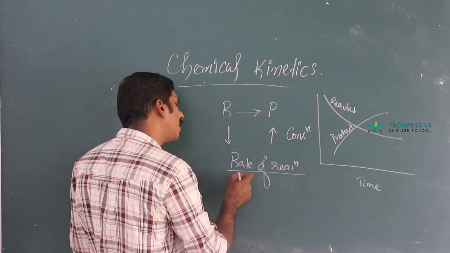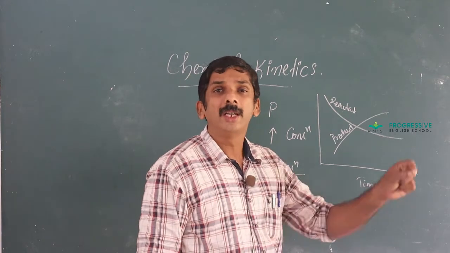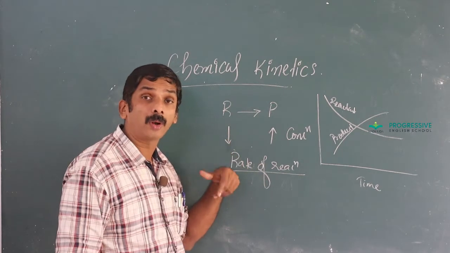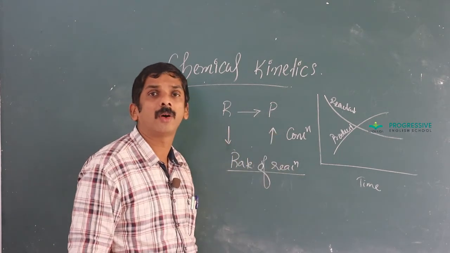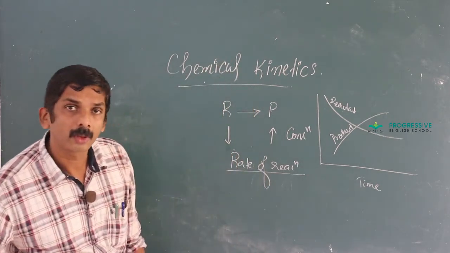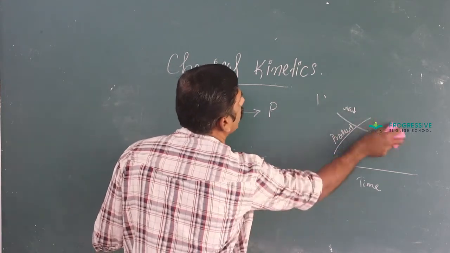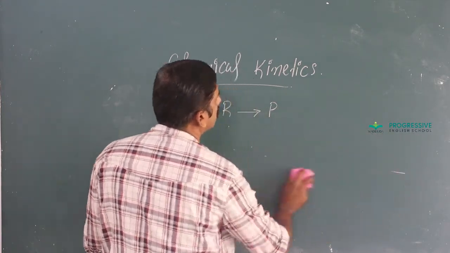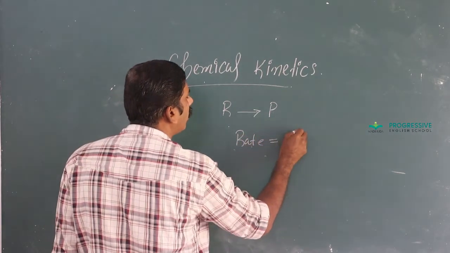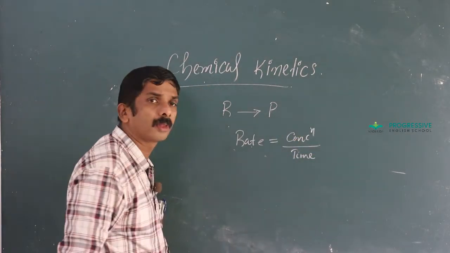Rate of a reaction is defined as the decrease in concentration of reactant or increase in concentration of product in unit time. Simply, we can represent it as rate equal to concentration divided by time.